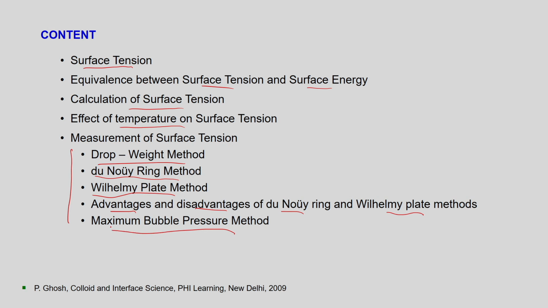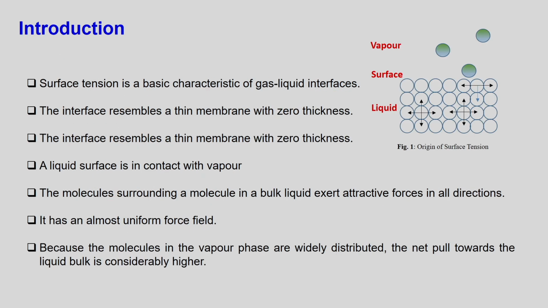Finally, the maximum bubble pressure method for dynamic surface tension, DST. We will talk about dynamic surface tension later, but the most widely used are the Du Noüy ring method and the Wilhelmy plate method. This is what we will cover in this lecture.